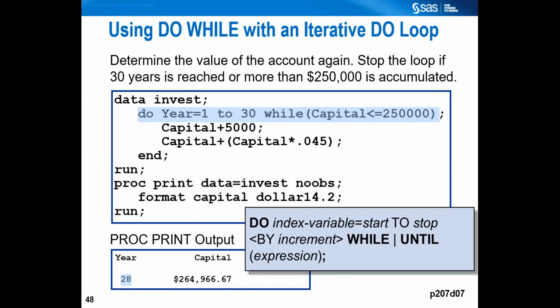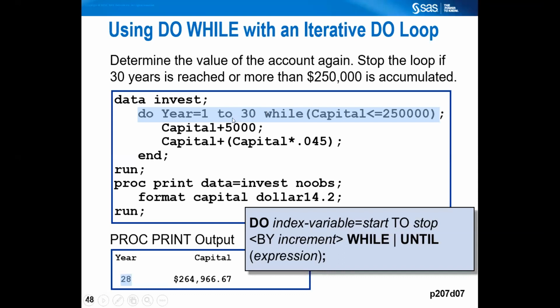It's telling now your do while with an iterative do loop. So here you can give both your requirements: determine the value of the account and stop the loop if the year 30 is reached or more than 2,50,000 is accumulated. So if any of the conditions is true, either you give start and stop values for the years or you can combine it with your condition.